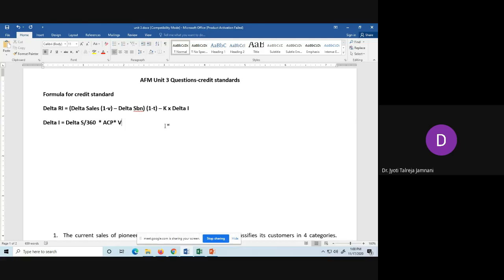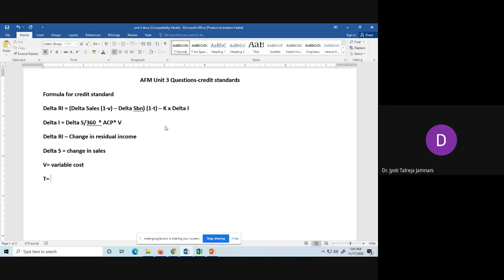What all these terms mean, I will write it here. Delta RI is equals to change in residual income. Next, delta S is equals to change in sales. V is equals to variable cost. T is equal to tax rate.